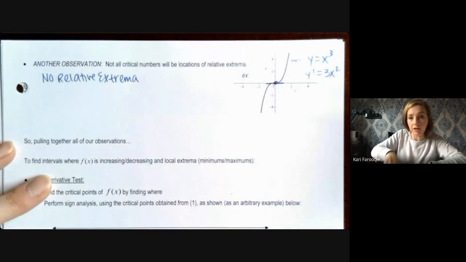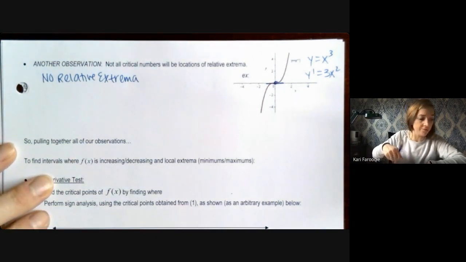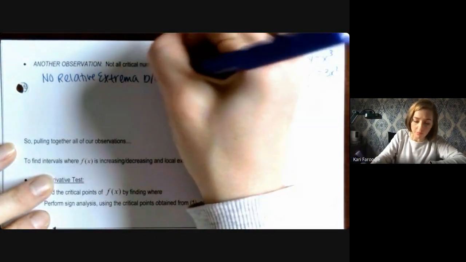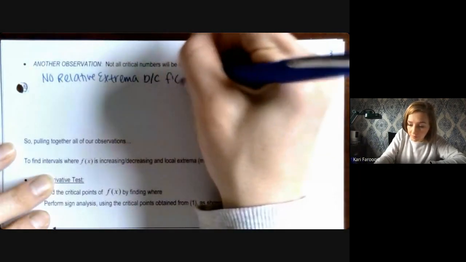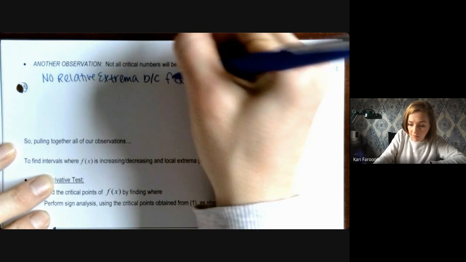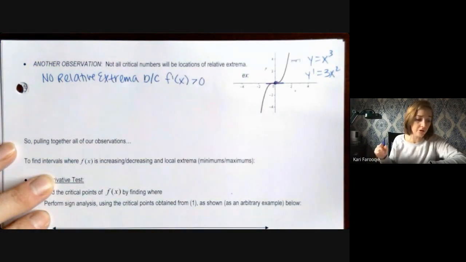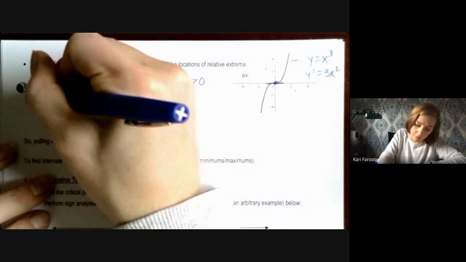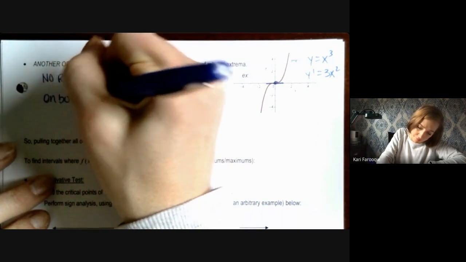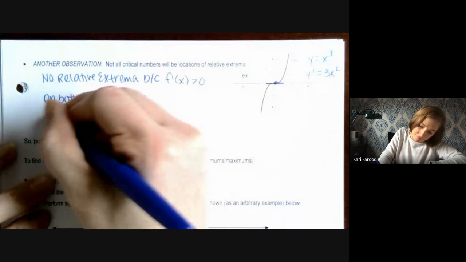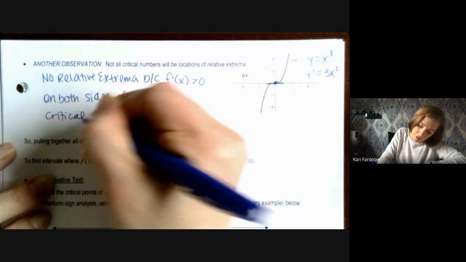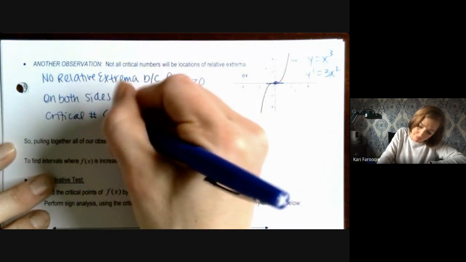So we don't have any local maximums or minimums because f prime of x is always positive. F prime of x is greater than 0 on both sides of the critical number, and the critical number is, of course, x equals 0.